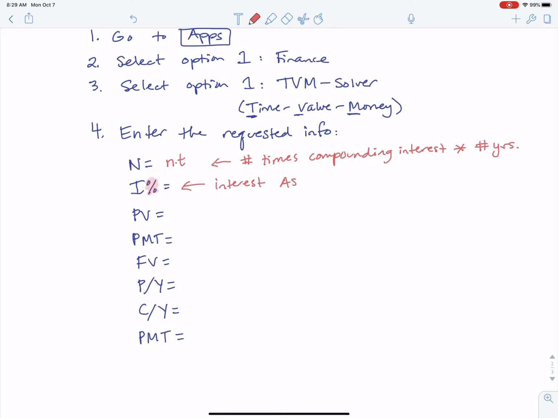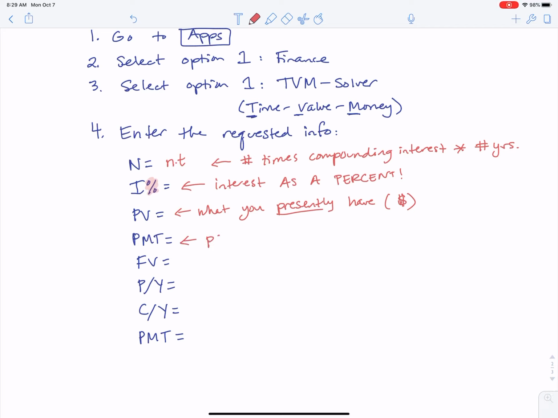So that's as a percent. PV stands for what you presently have. That's a dollar amount.